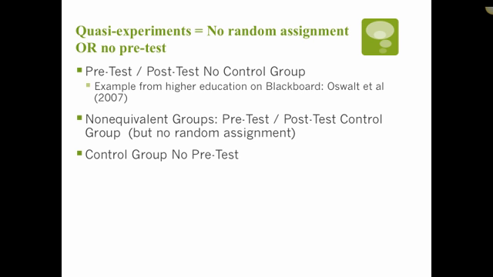One example, and I put the article again in the supplemental section of Blackboard, is a study that used a pretest and a post-test, but didn't have a control group. It was an alcohol program, and the researchers worked in a judicial office at a university. They had a bunch of students who had been sanctioned for alcohol issues, and they decided to try out this treatment program, telling students about the dangers of alcohol.